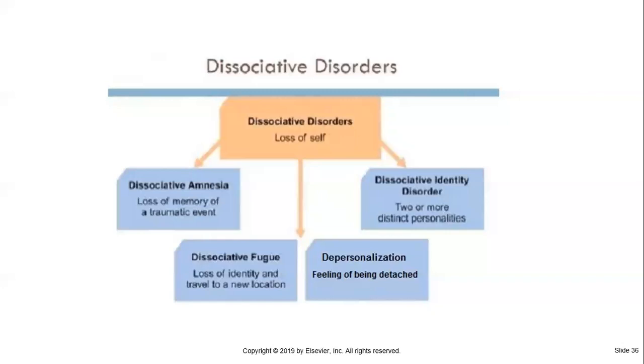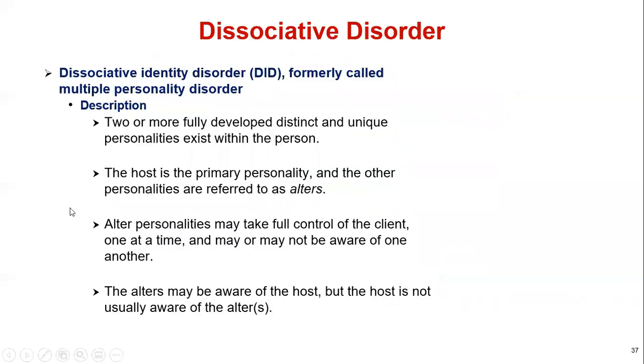What next? A little bit more. Dissociative identity disorder, also called DID, was formerly called multiple personality disorder. Two or more fully developed, distinct, and unique personalities exist within one person.